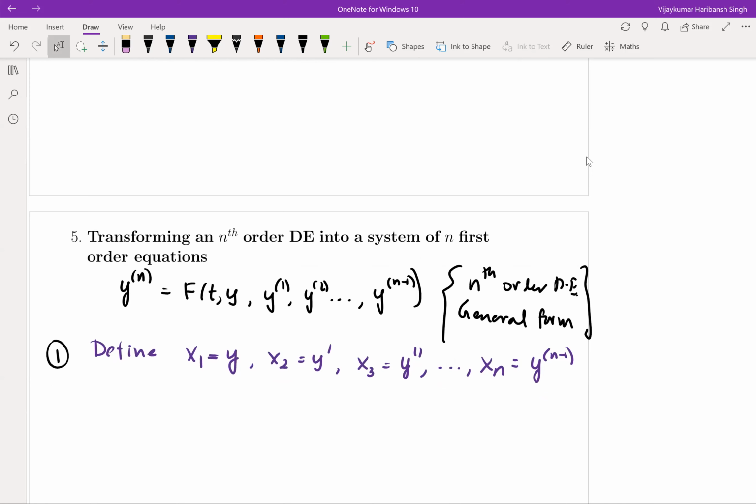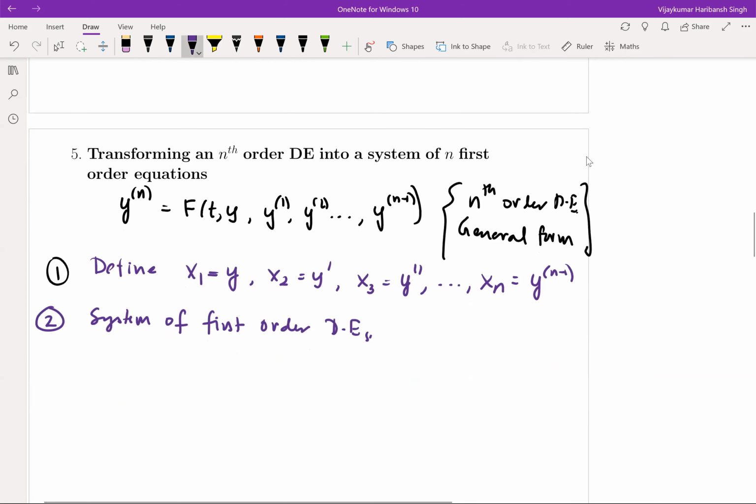So how will you then write down the system now? So the system of first order equations will look like what? So first let me write down, again, you want to write x1 prime, x2 prime, dot, dot, dot, xn prime, right?